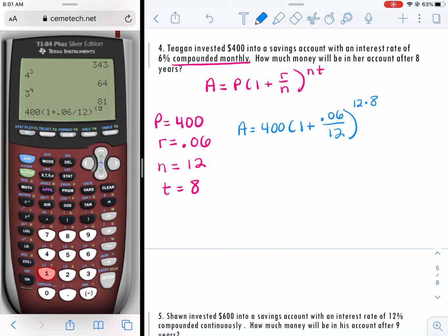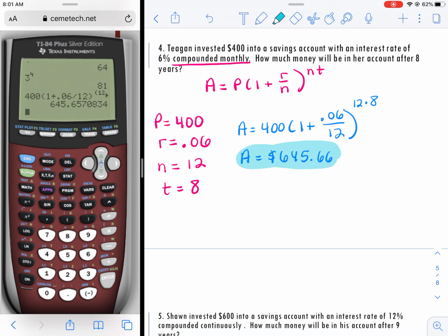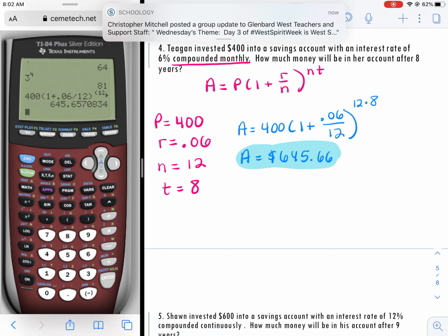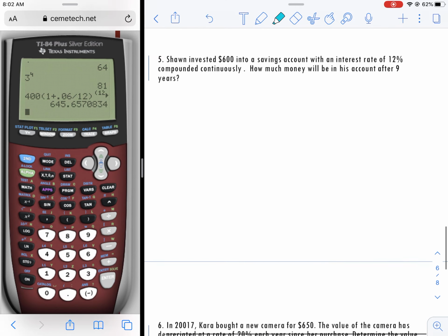You can always put the 12 times 8 in parentheses if necessary. Your answer should be $645.66. That's when you use compound interest, if it's compounded a particular number of times per year.